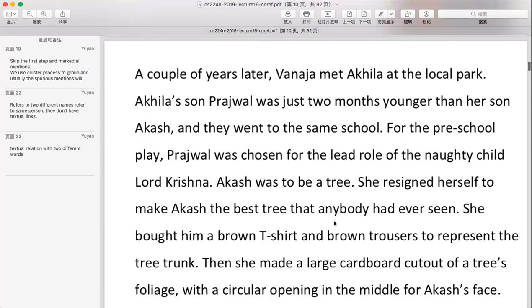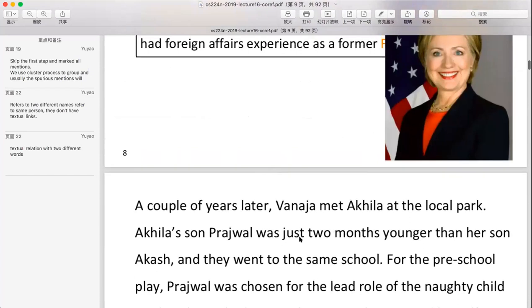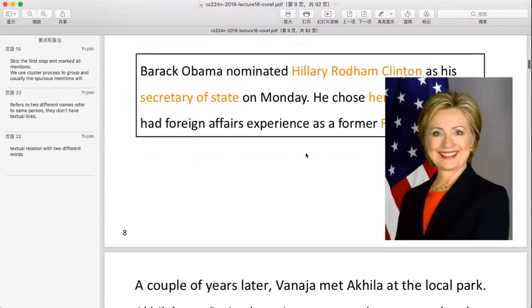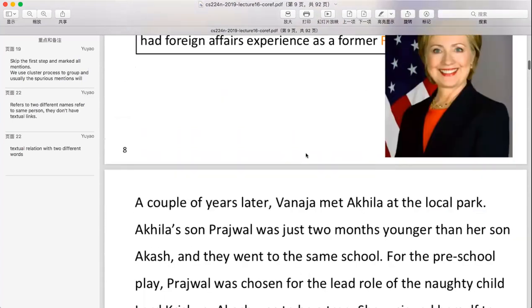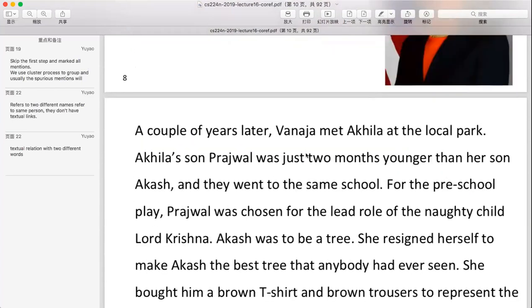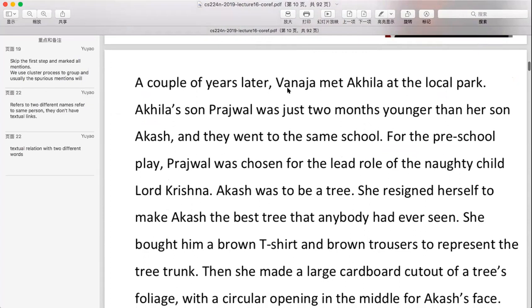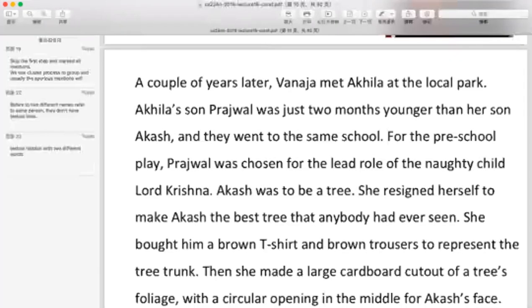For a human being, identifying which words refer to the same person is easy and quick, but sometimes it takes a while. Take a look at this long paragraph. There are many names, and also here, they, and also her. I just changed to this page.